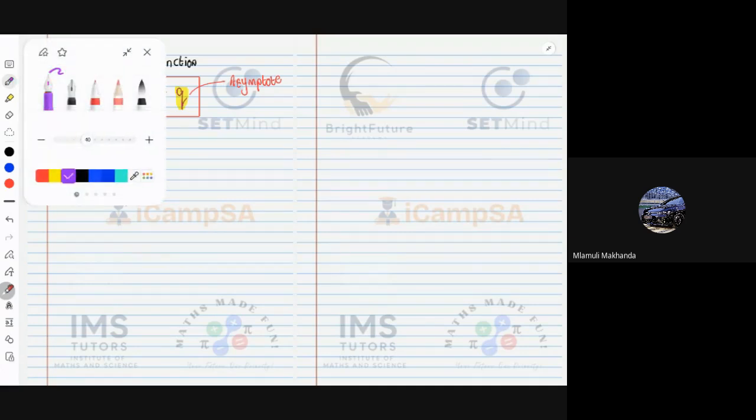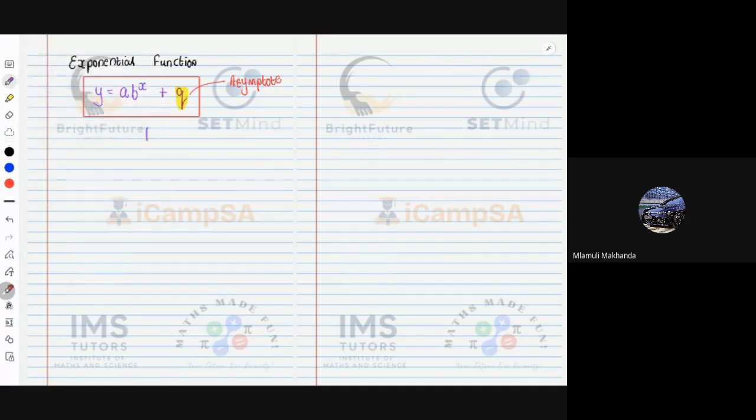And then here's the general graphic representation of the exponential function, like this. This is x and y.